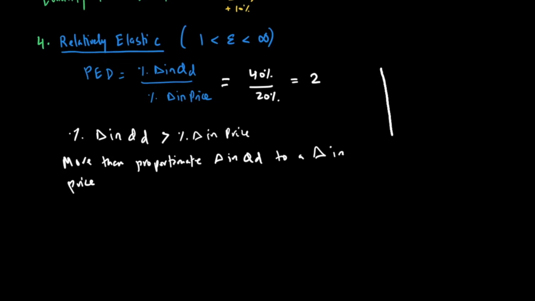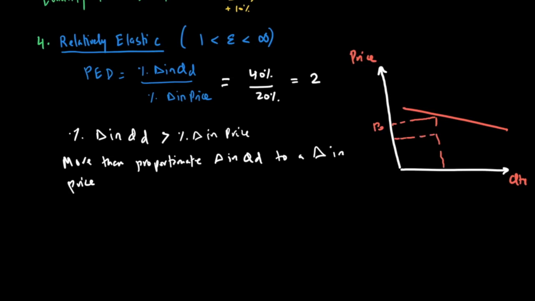Well, a relatively elastic good will have a demand curve that will be very, very flat, or relatively flat. So if the price of a good goes down by a little percentage, the quantity demanded will go up by much more.